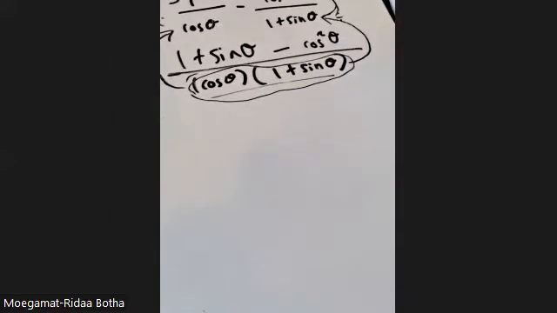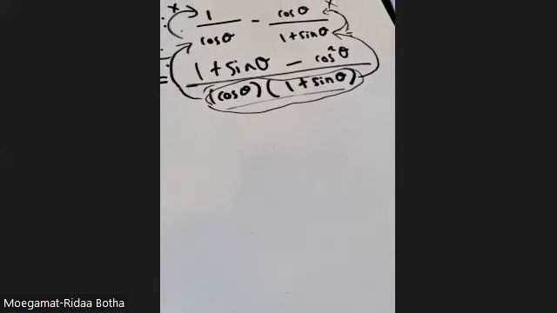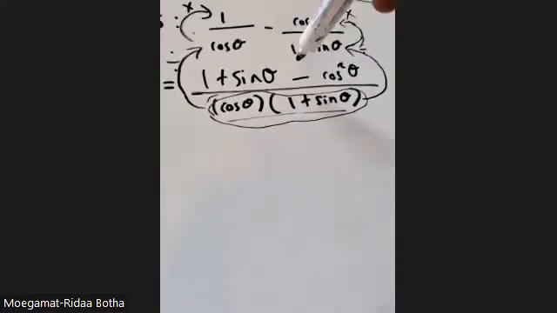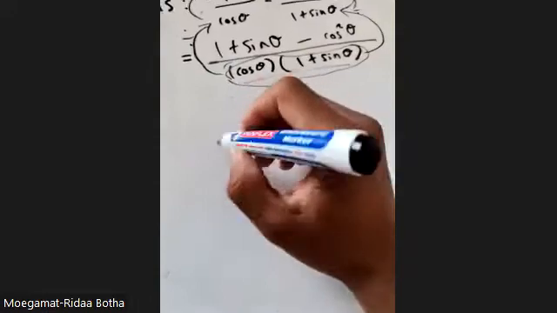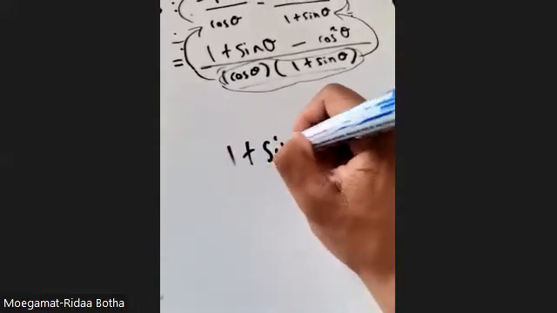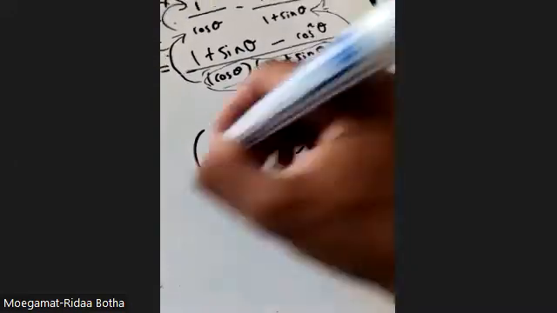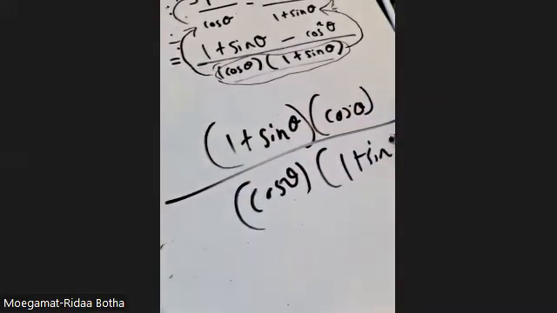The thing is, we can't, because there's a minus. You see, if it was like this, times cos theta over cos theta 1 plus sine theta.